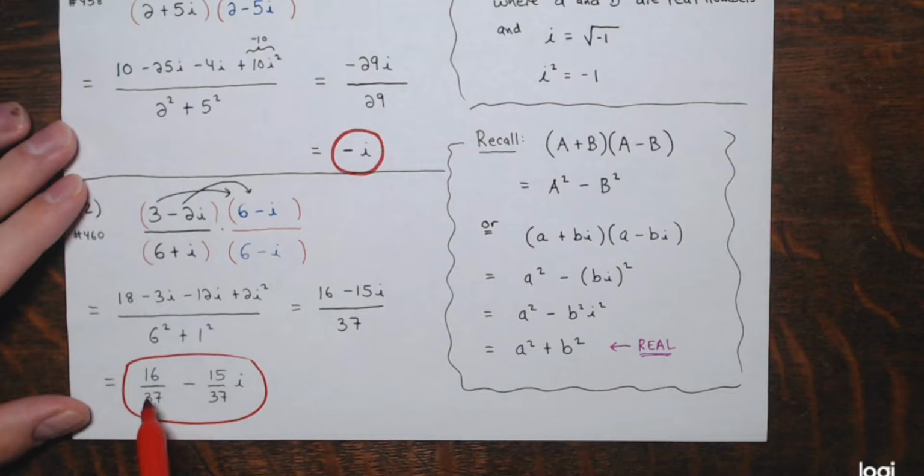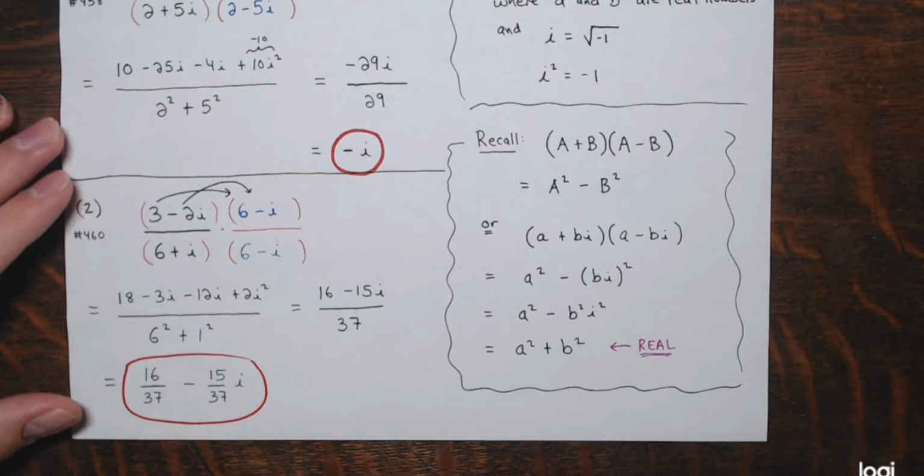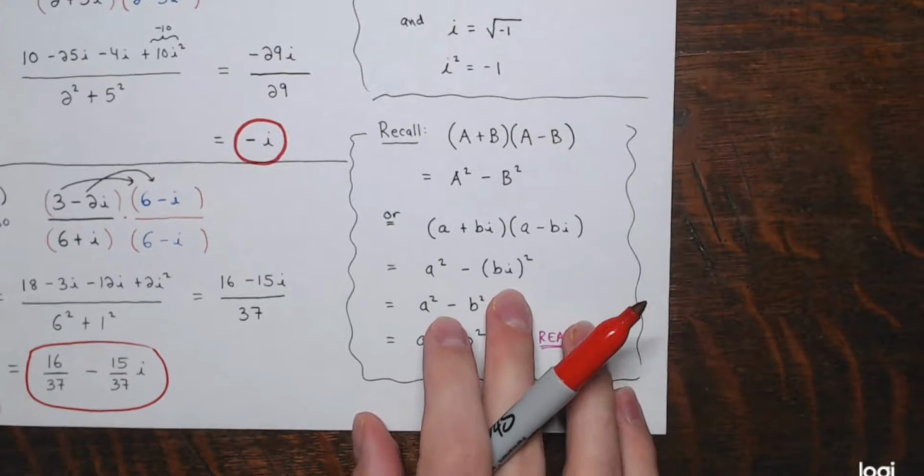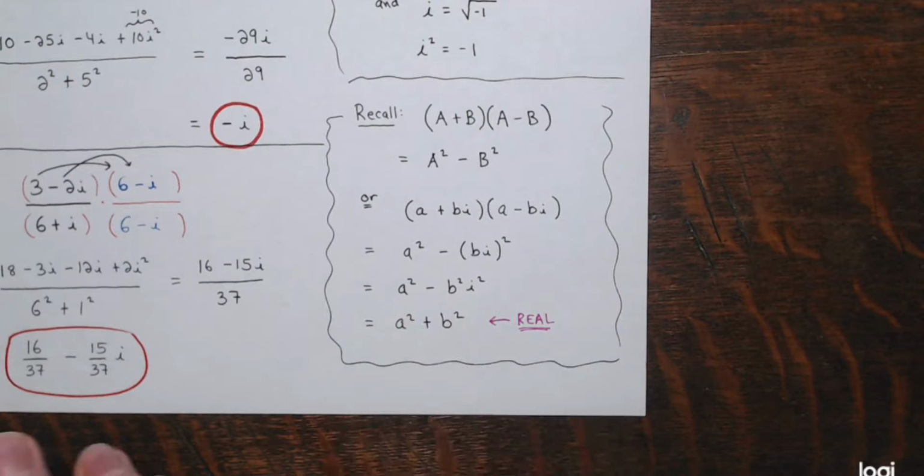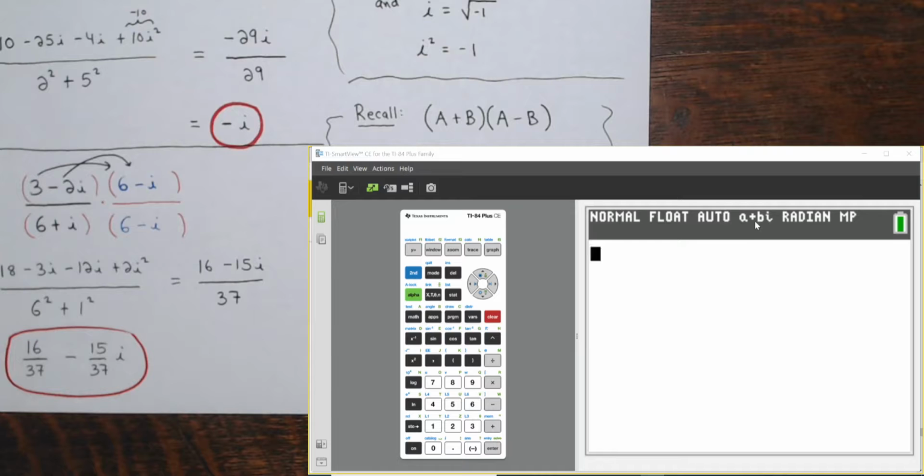And again, let's check this. I'm going to pull up my calculator and make sure I'm in that a plus bi mode, not real mode. The numerator was 3 minus 2i divided by the denominator, 6 plus i.